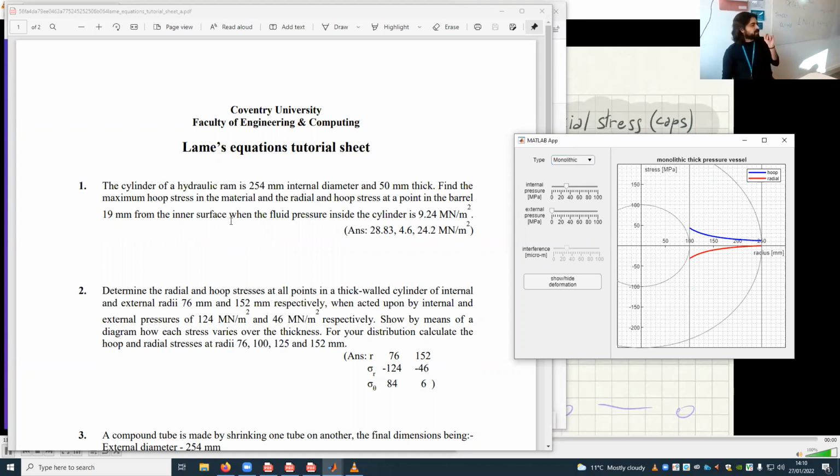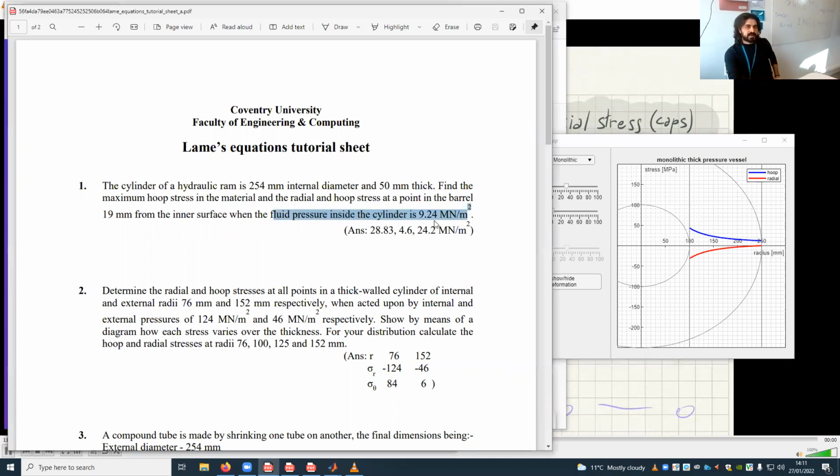Okay, so it's just a point for which I am interested to see what's the state of stress, and that point lies 19 millimeters away in the radial direction from the inner surface. We know that the pressure inside is 9.24 megapascal, meganewton per meter squared.